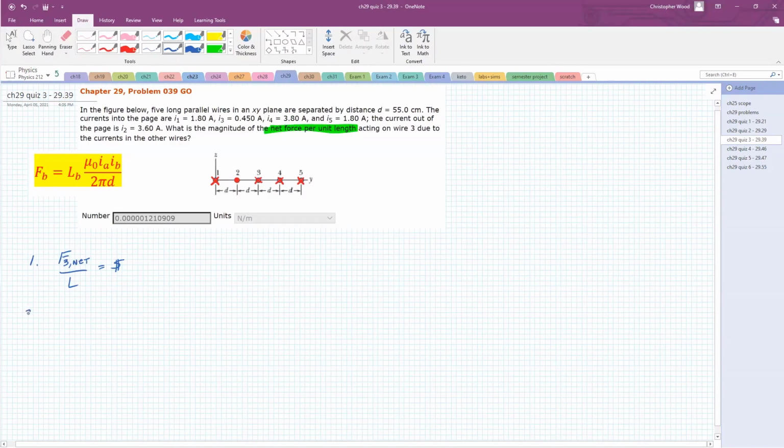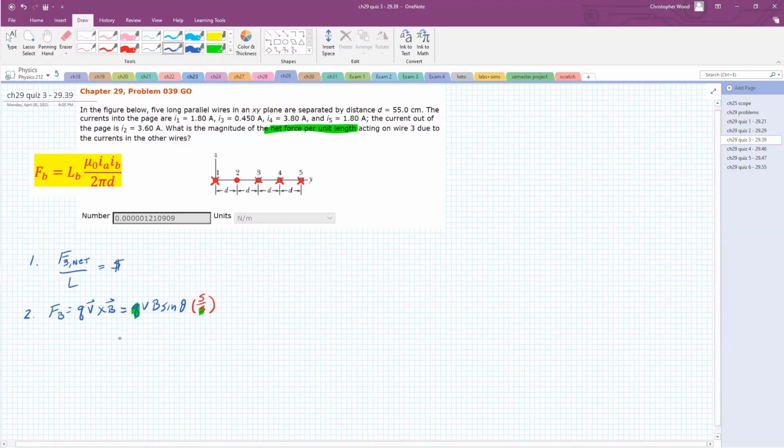Here goes. You remember this from chapter 28. The magnetic force acting on a charge is Q V cross B in terms of cross product notation, equals QVB sine theta in terms of magnitude and angle. And then what I did in the previous conversation in your green sheets, I said, I'm just going to multiply by seconds over seconds. And when I multiply by seconds over seconds, I can't help but notice that Q per second is current.